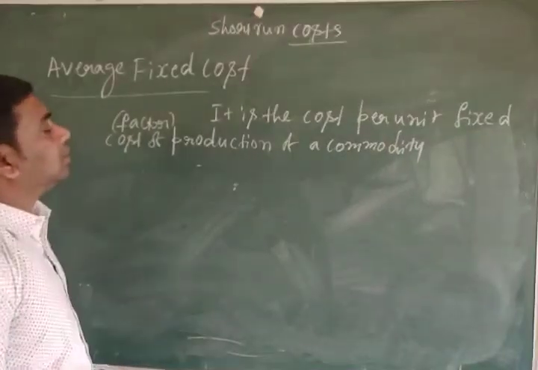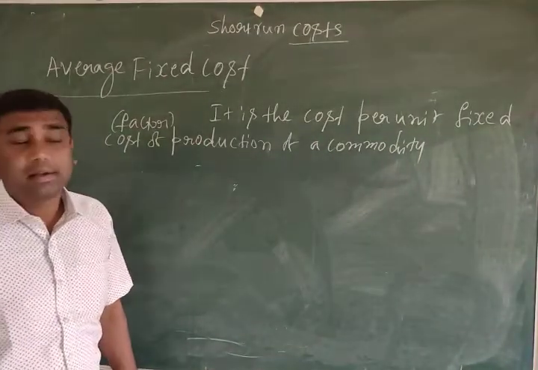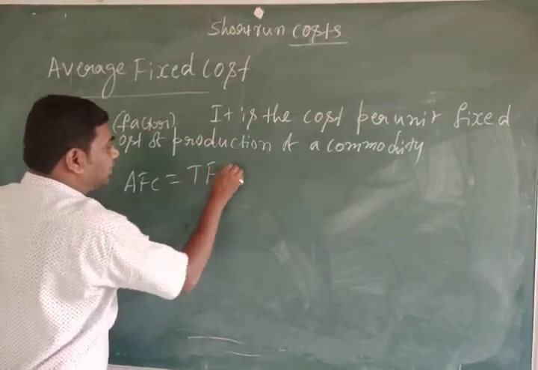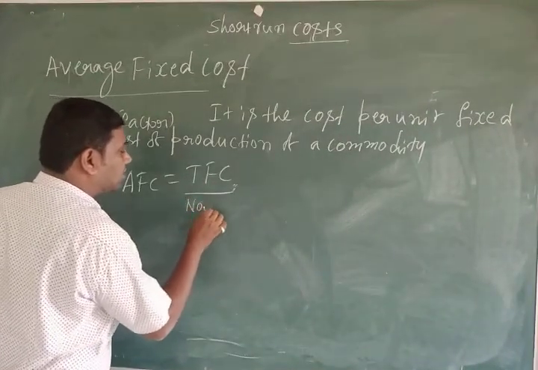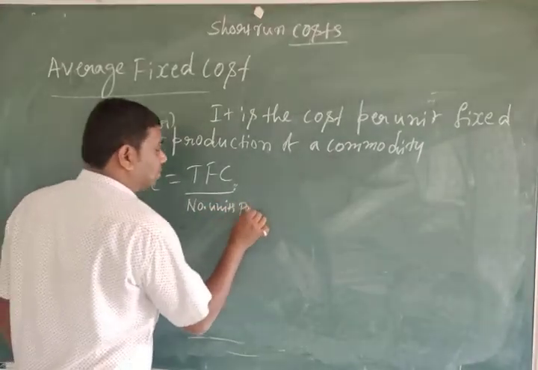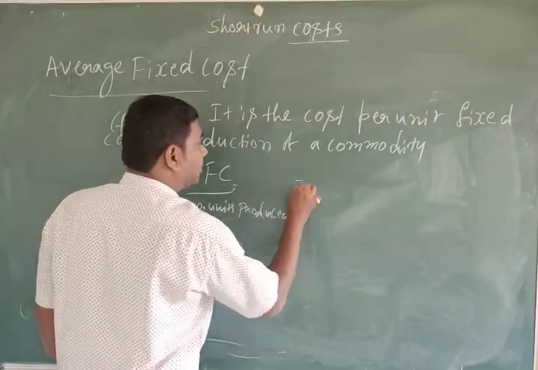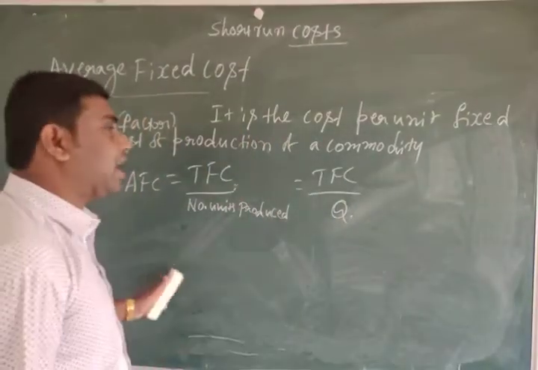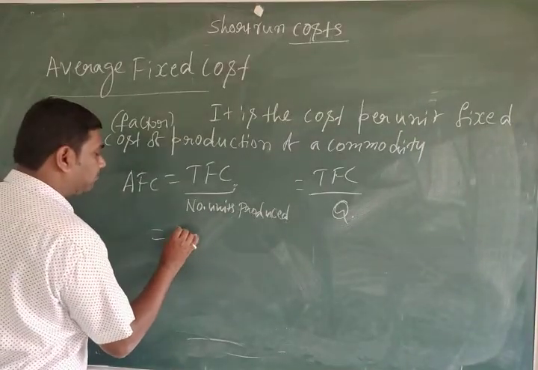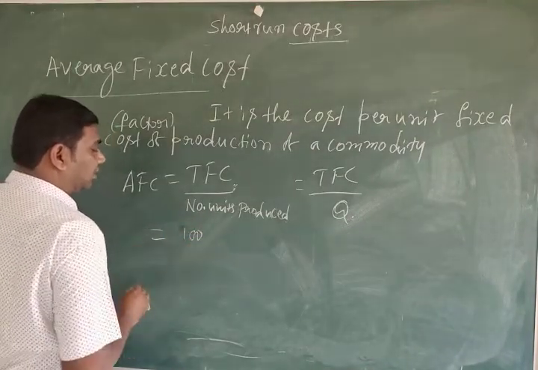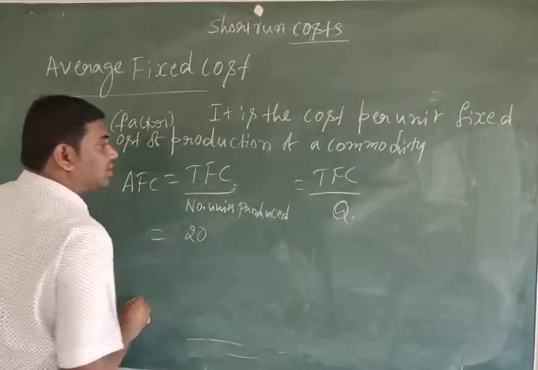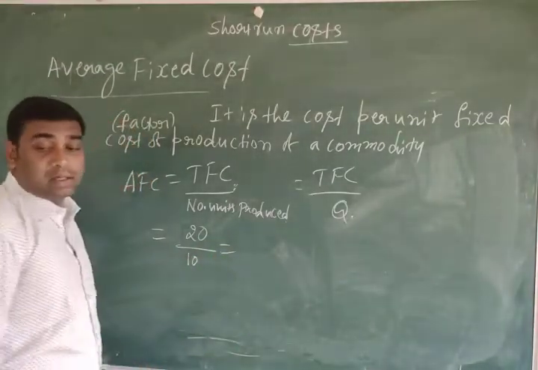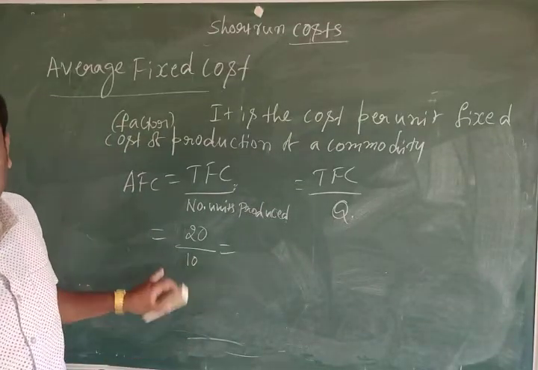So you have to understand here, to get average fixed cost there is a formula: TFC divided by the number of units produced, that is TFC divided by Q. For example, the total fixed cost is 20 and the output is 10.